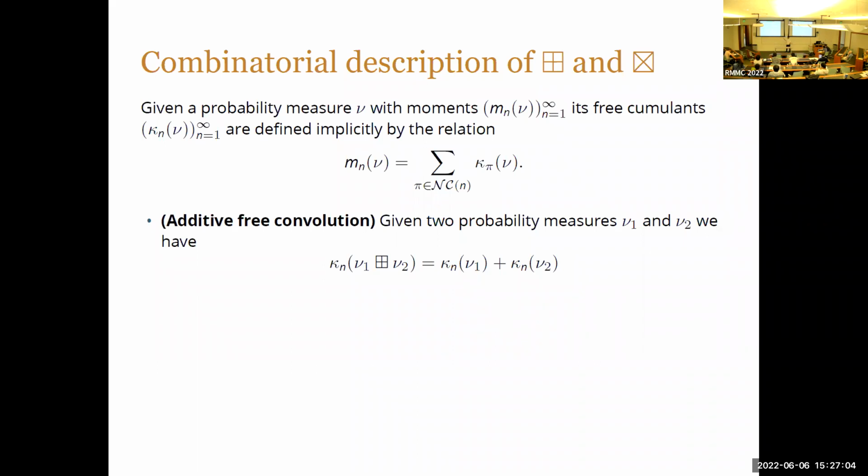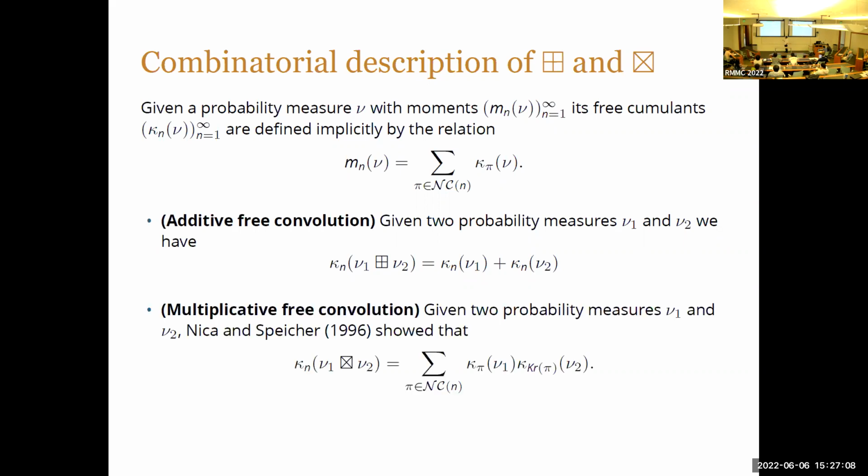But that's what they were designed for. But maybe something more surprising is something that Nica and Speicher realized in '96, that you can also use these cumulants to study the multiplicative free convolution. So there's this very nice formula that writes the n-th cumulant of the multiplicative free convolution in terms of the cumulants of each of the measures. And as you can see here, the Kreweras complement is appearing.